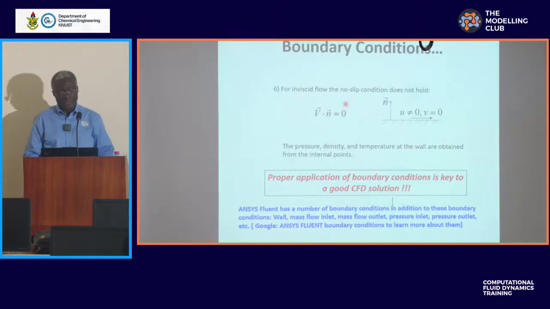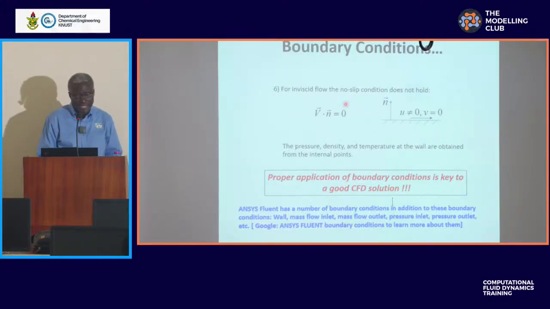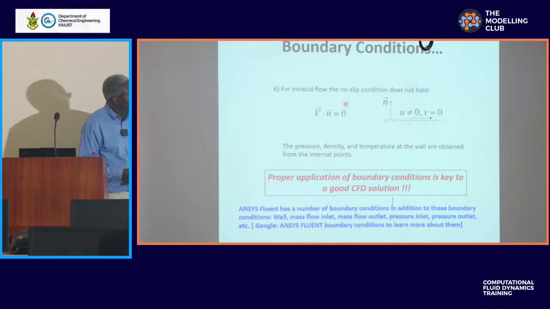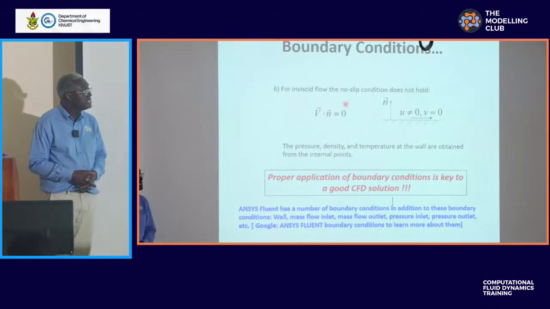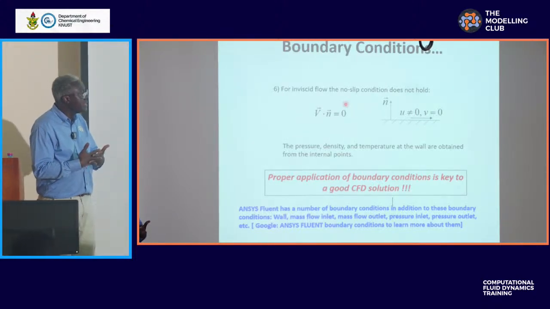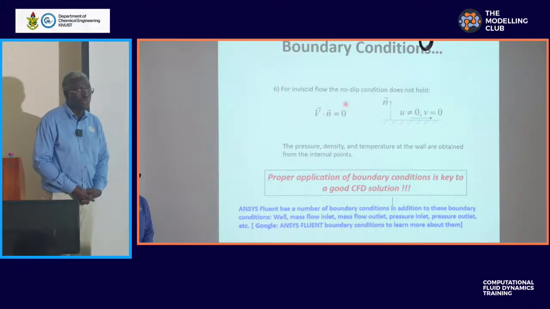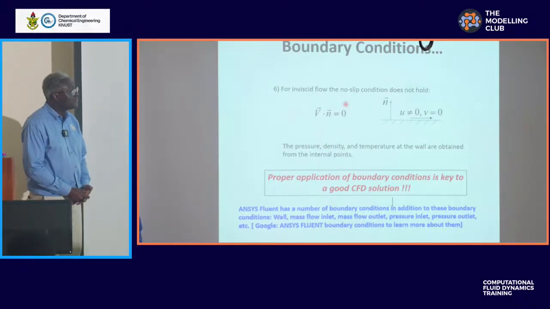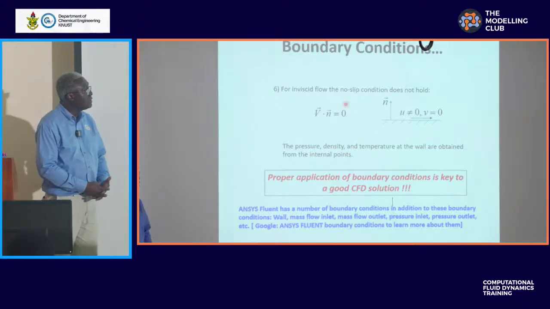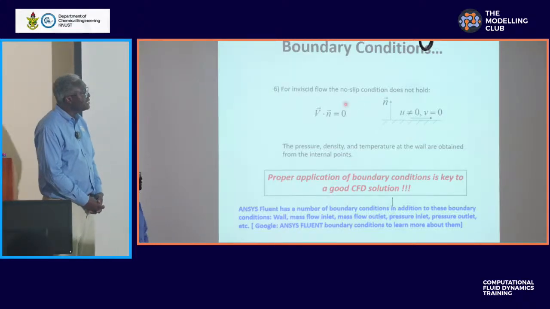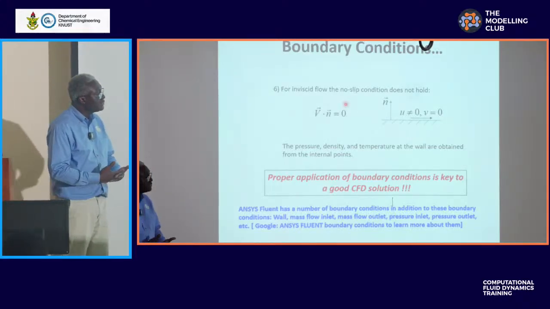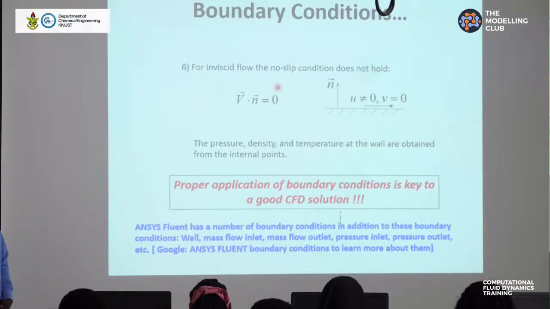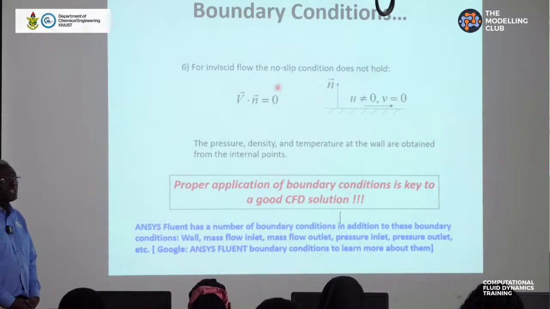So here, the key thing is that we have to know the proper boundary conditions in order to obtain a good CFD solution, just like we will have to know the proper boundary conditions in order to get good analytical fluid results or experimental results.